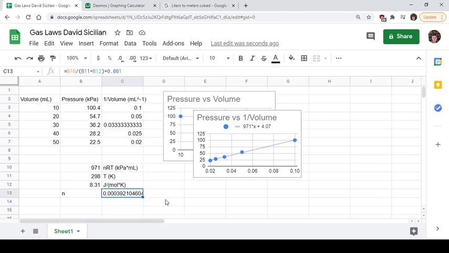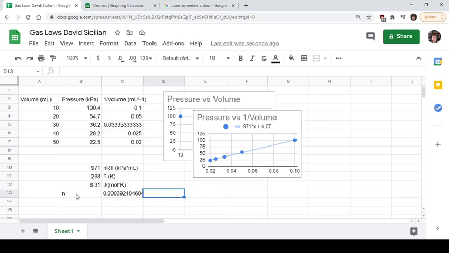And if that's the case, and the ideal gas law is correct, and the universal gas constant is correct, then this is how many moles were in that syringe. We could extract that from our line of best fit here, because the slope was 971, and that should represent nRT, or the number of moles times the gas constant times the temperature at which the data was taken, again assuming that temperature was constant.